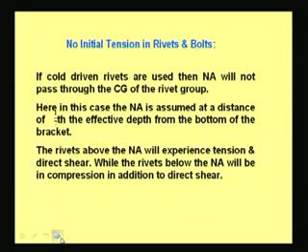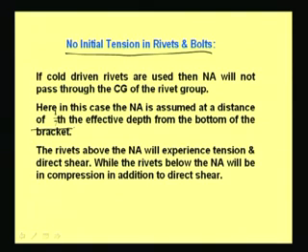Now, another case may happen, which is called no initial tension in rivets and bolts. This happens when cold rivets are used. In case of cold rivets, the neutral axis does not pass through the CG of the rivet group. The neutral axis is generally assumed at 1/7 of the effective depth from the bottom of the bracket. With these assumptions we find the actual neutral axis depth.